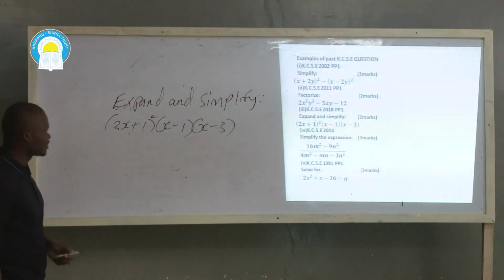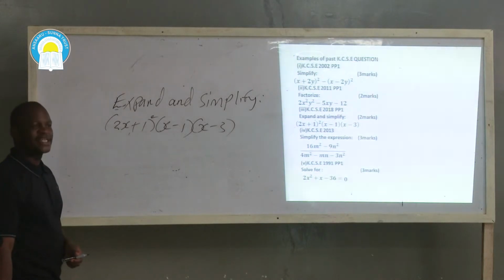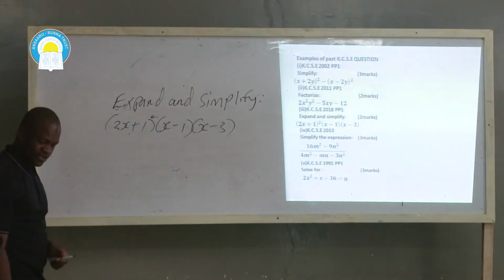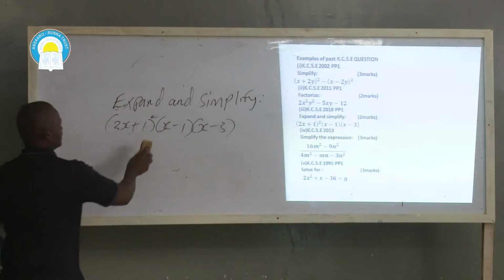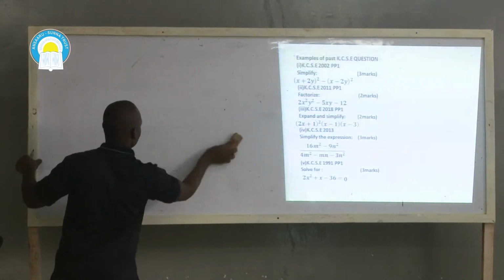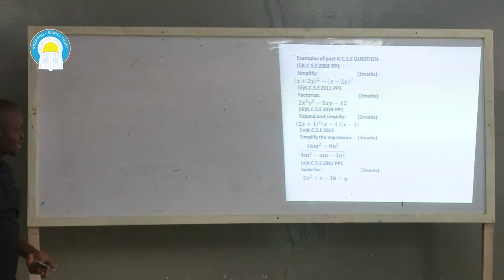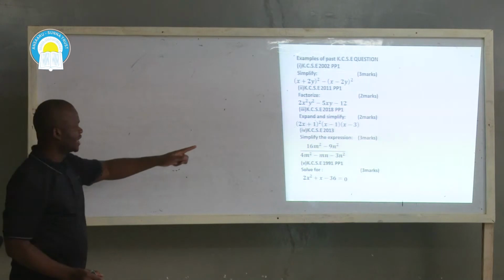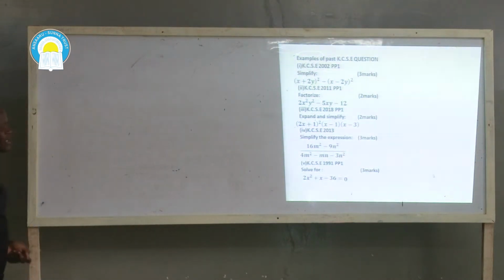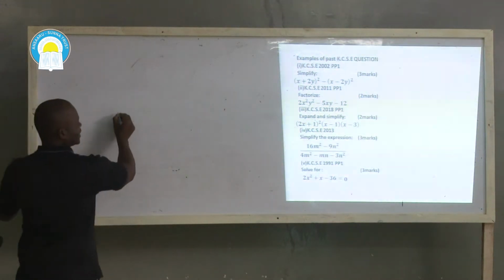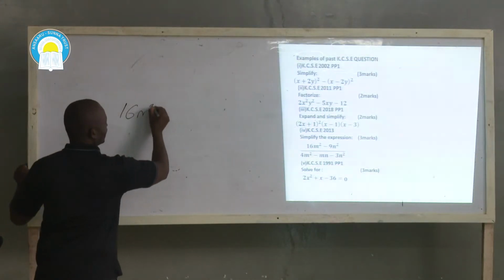Now, lastly, we look at another question. Now, there are 2 more questions to look at. KCSE 2013. The question was again, simplify. We have it there. I'm going to make it, of course, now clear.